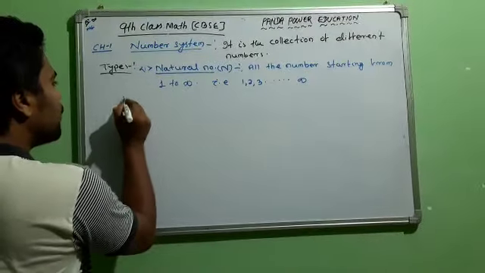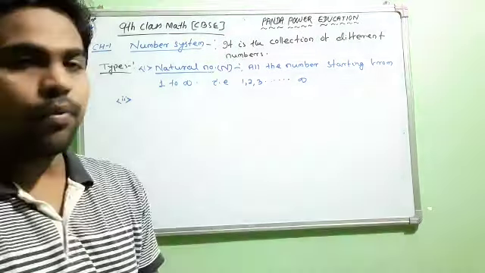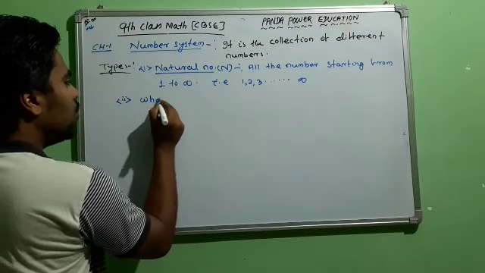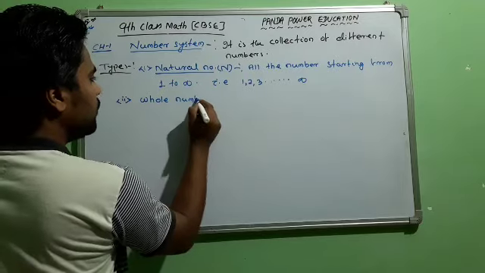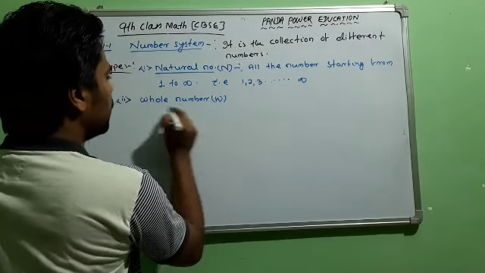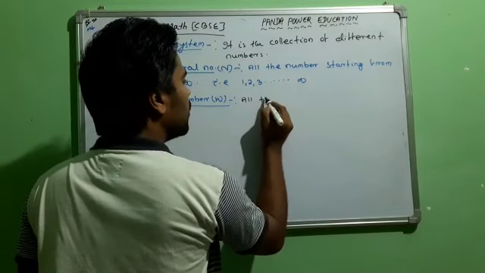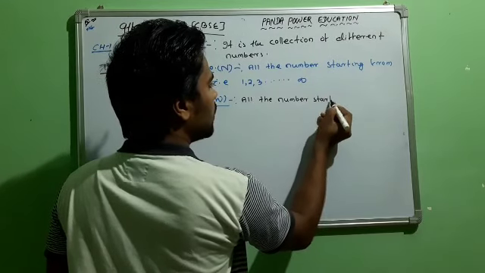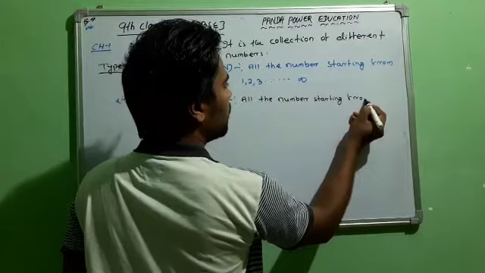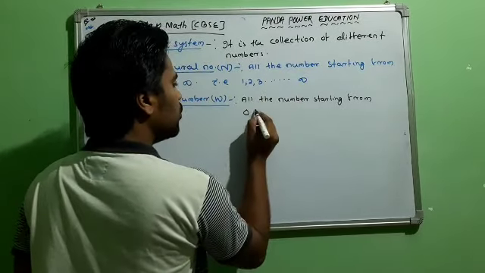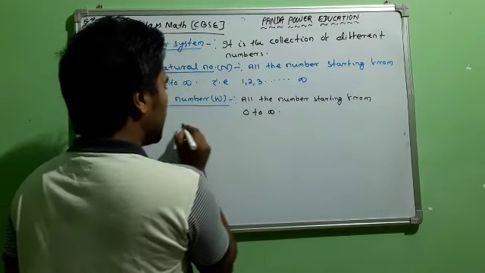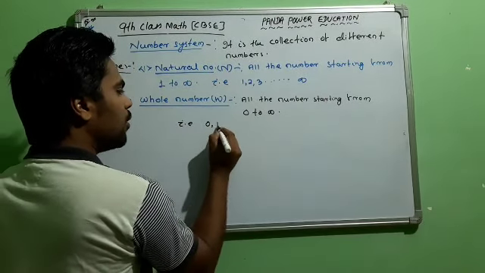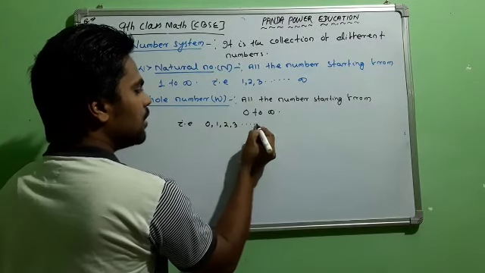Next, the second option, whole numbers. It is denoted as W. Write down: all the numbers starting from 0 to infinity, that is 0, 1, 2, 3, and so on.